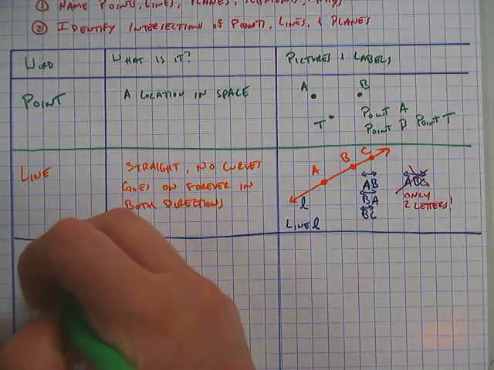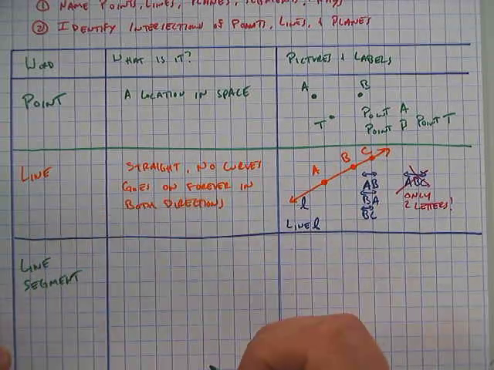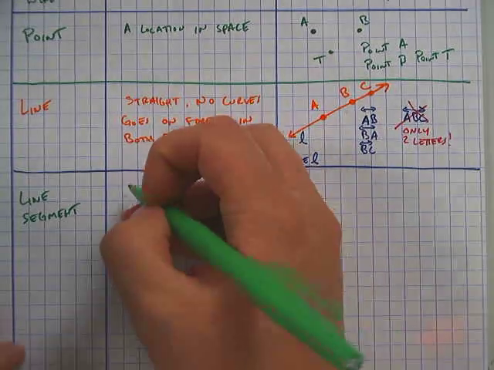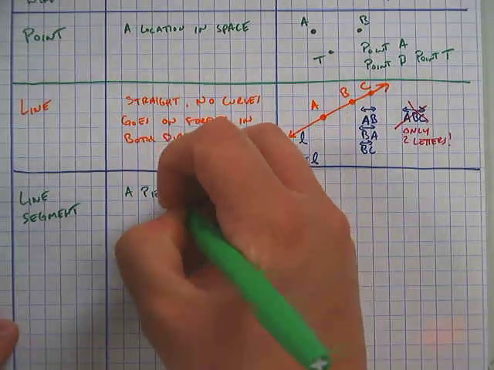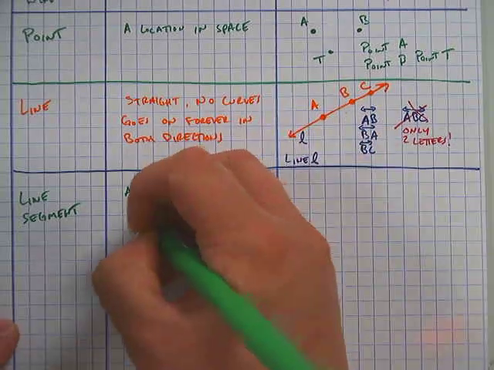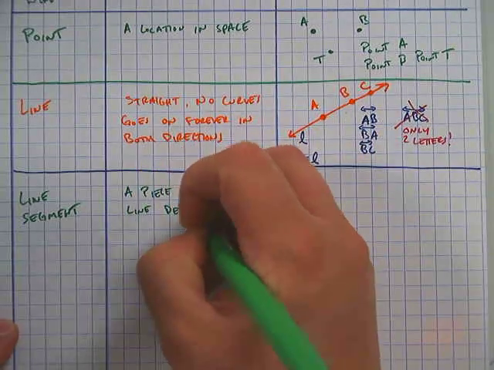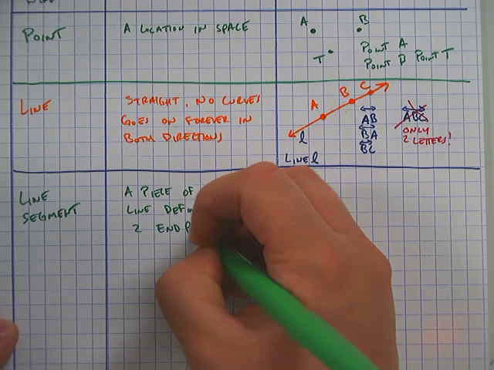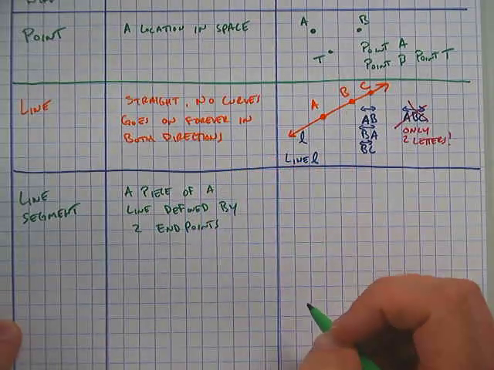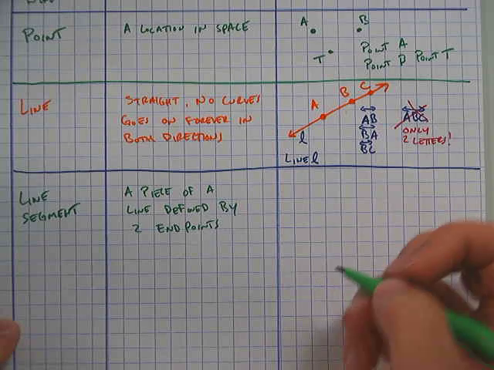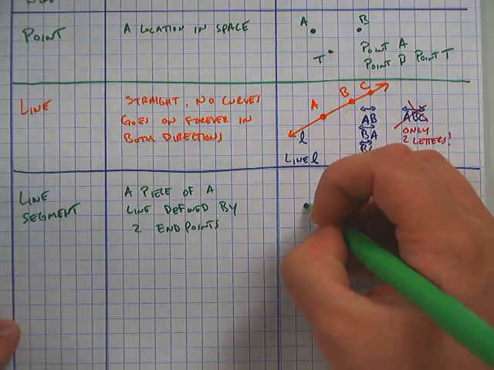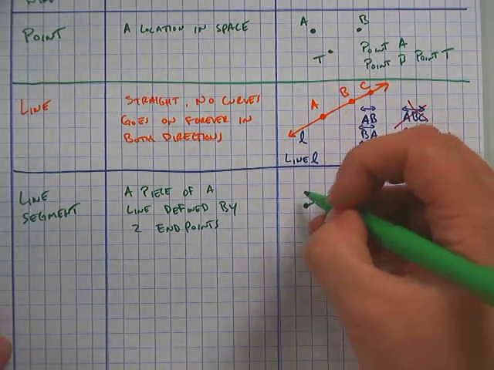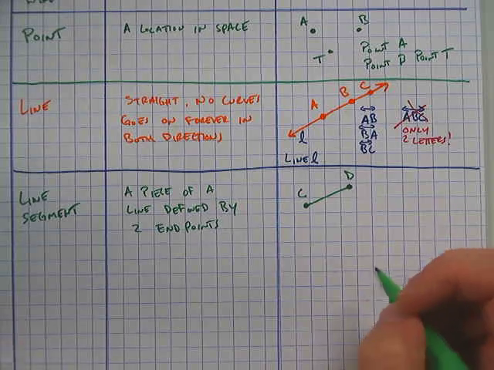The next definition that we have is a line segment. Okay. And a line segment is just a piece of a line defined by two endpoints. So for example, in my picture over here, this would be a line segment.